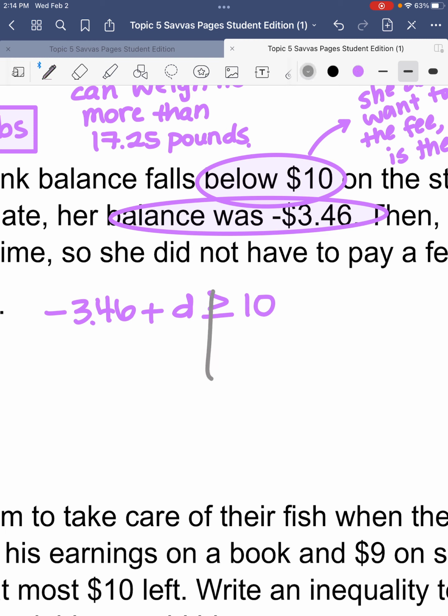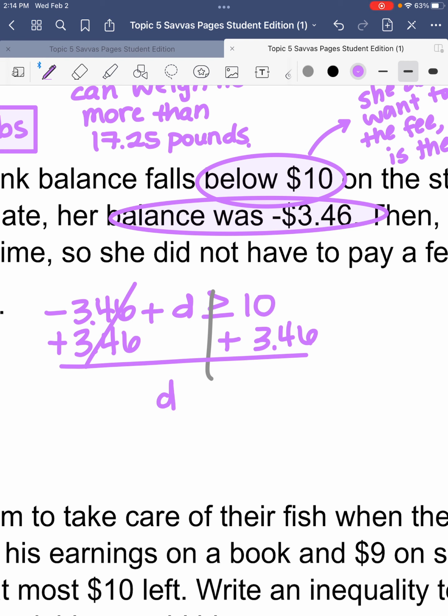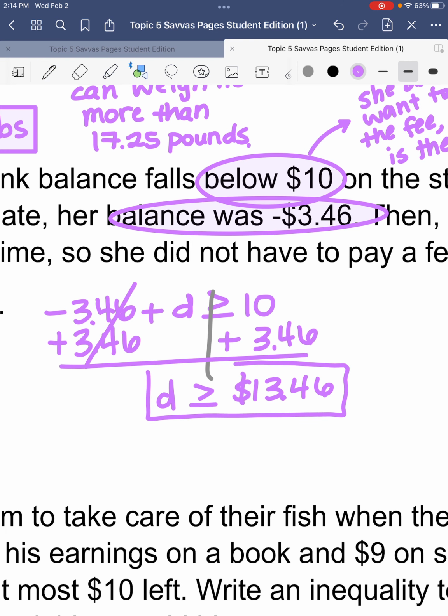Yeah, it sure is. So I'm going to add $3.46 to both sides. So on the side with the variable, $3.46 cancels out. D is by itself, and D is greater than or equal to $13.46. So we know that she deposited at least $13.46 to avoid the fee.